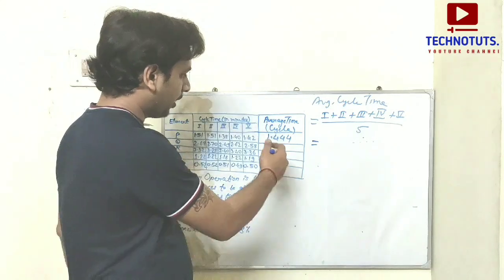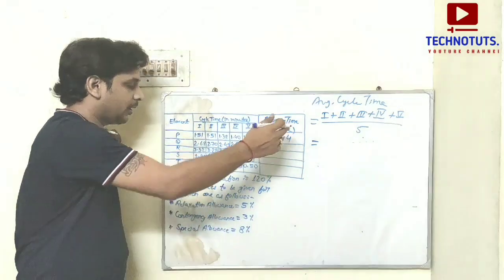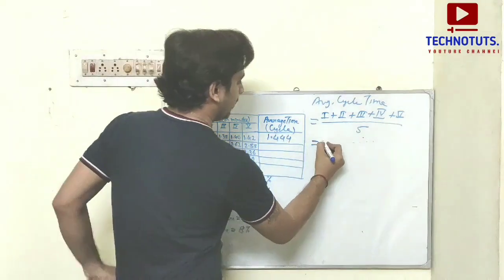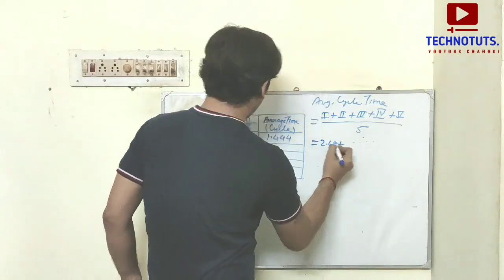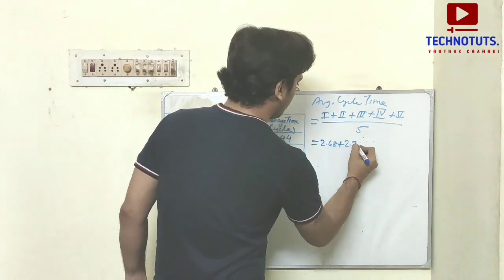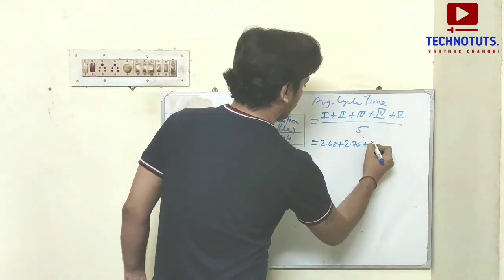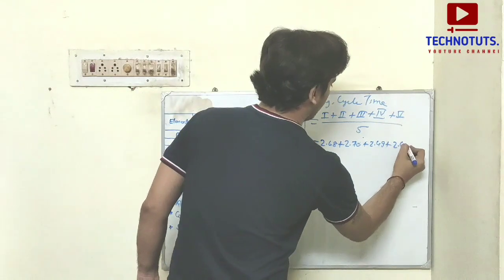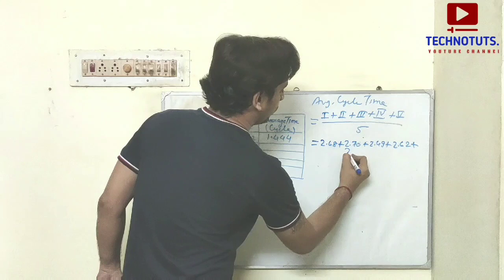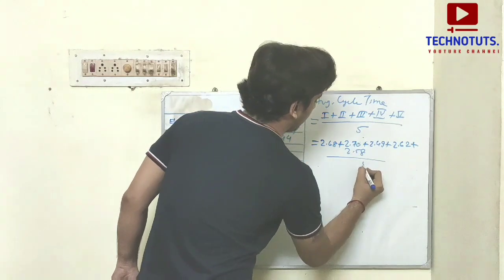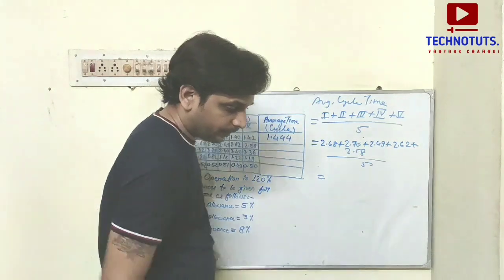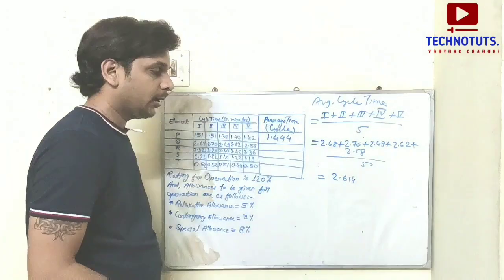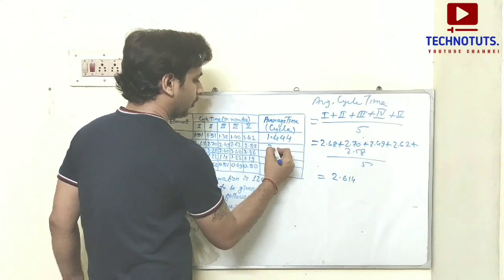Substituting the values, we get 2.68 plus 2.70 plus 2.49 plus 2.62 plus 2.58, divided by 5, which is equal to 2.614. So let us put the value over here, 2.614.